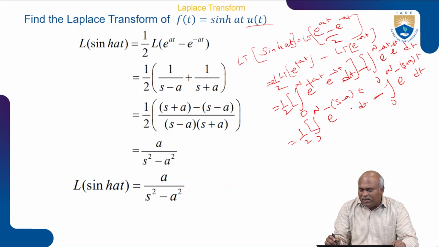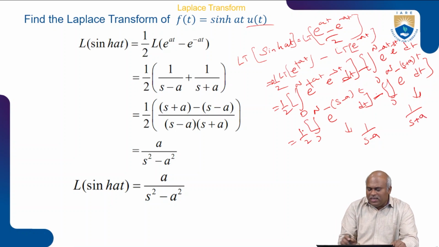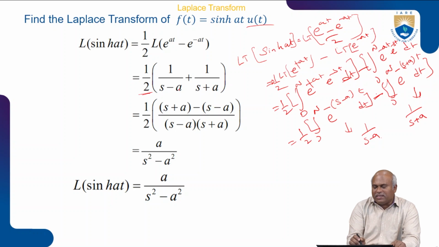So the Laplace transform of these two terms is 1 by s minus a. Then this term is represented as 1 by s plus a. So 1 by 2 I take out. The first term 1 by s minus a plus 1 by s plus a. Do the cross multiplication and multiply these two.